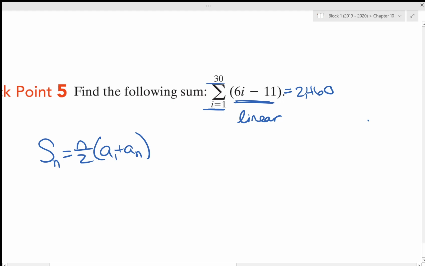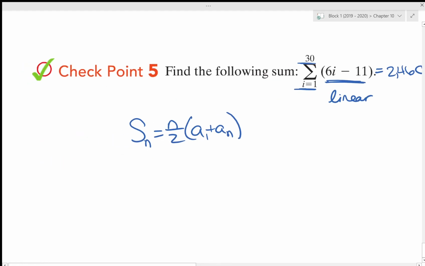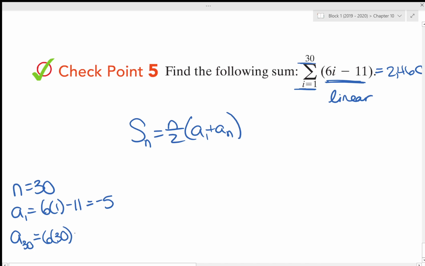So in total, from 1 to 30, you are using 30 terms. Your first term is going to be 6 times your lower limit 1 minus 11. 6 times 1 is 6, minus 11 is negative 5. And then to find your 30th, 6 times 30 is 180, minus 11, we get 169.